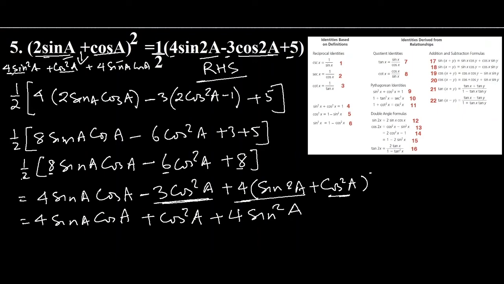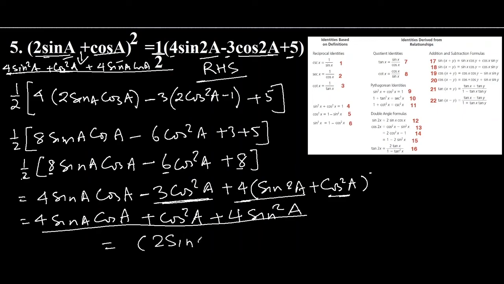And look at this expansion, and this is exactly the same. So we can write this as 2 sine a plus cos a whole square, and that's how it has become equal to LHS, and we have proved the identity.